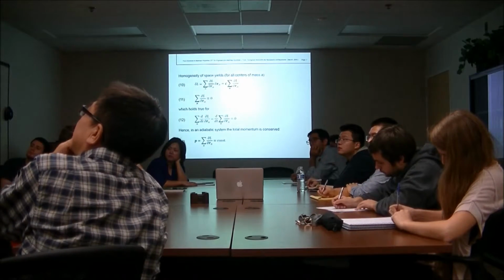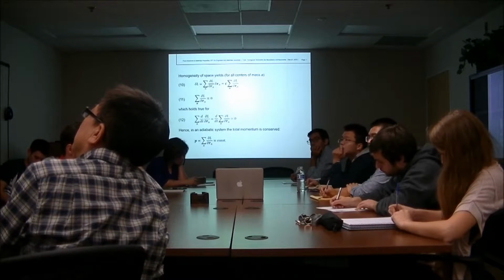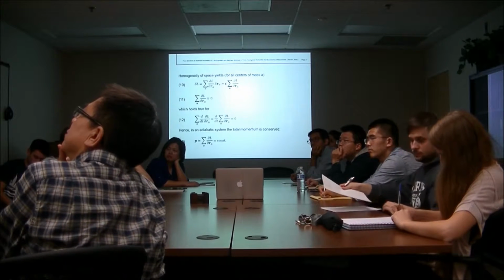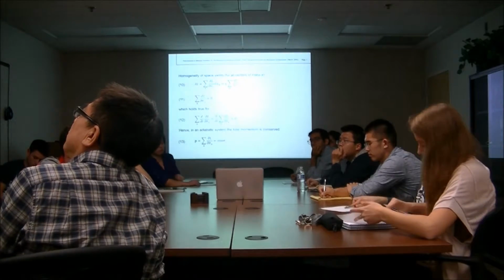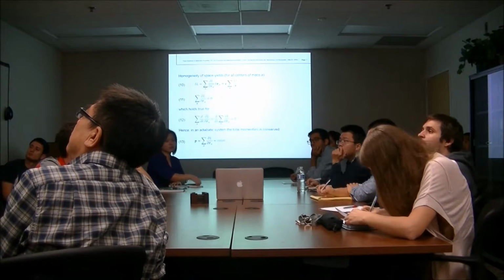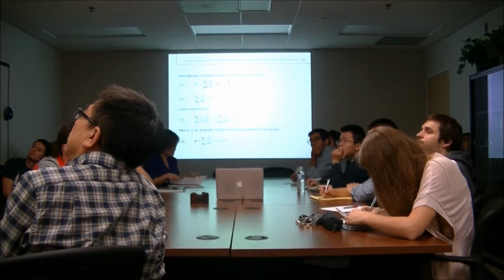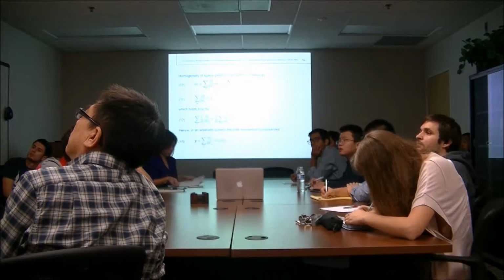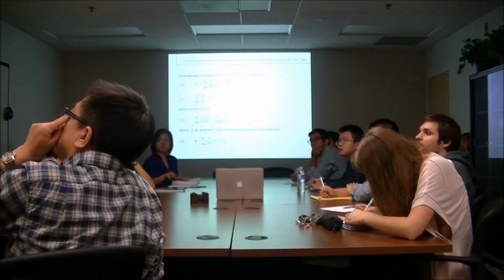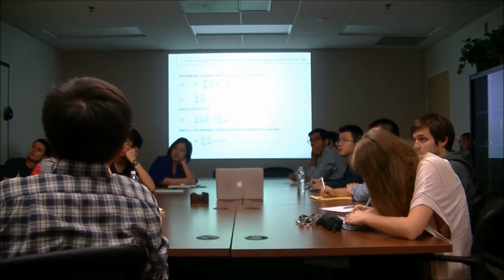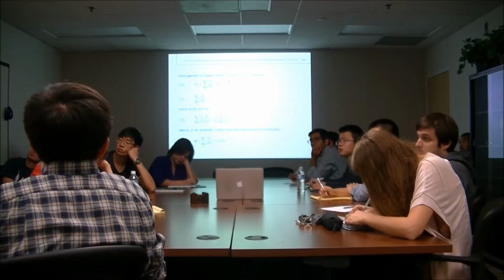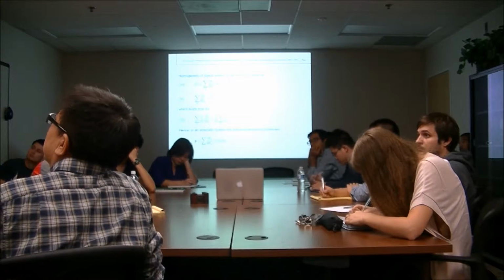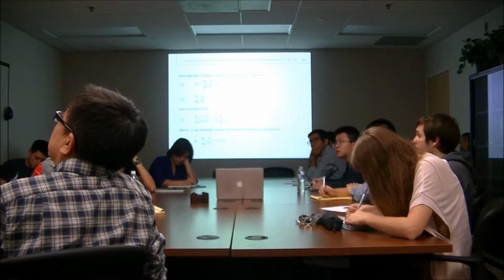The kinetic energy is a function of velocities, and our potential energy is, in the cases we deal with, a function of the coordinates. You can also have potentials which are functions of velocities, but in our case, we just deal with this. This is a typical classical case.